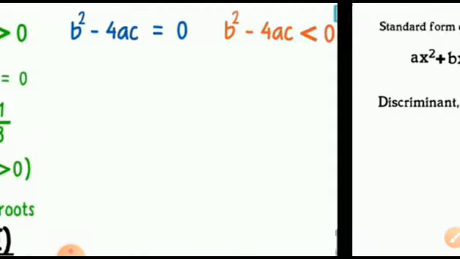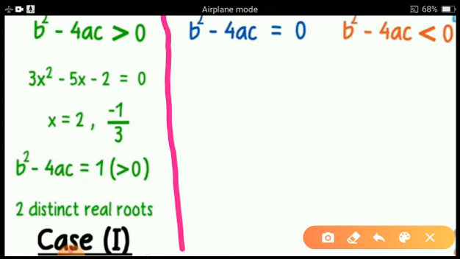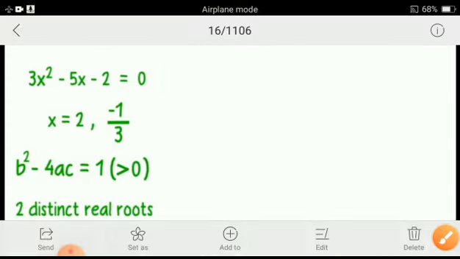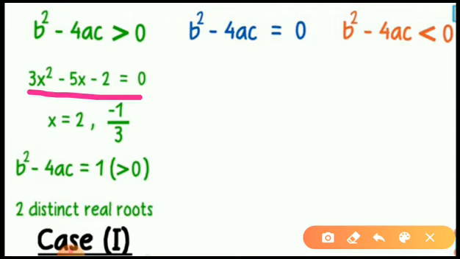Now see, in this first case I have taken b square minus 4ac greater than 0. Here I have taken an example, 3x square minus 5x minus 2 equal to 0. By any method, either completing the square, the formula method, or splitting the middle term, you can find the roots of the given equation.